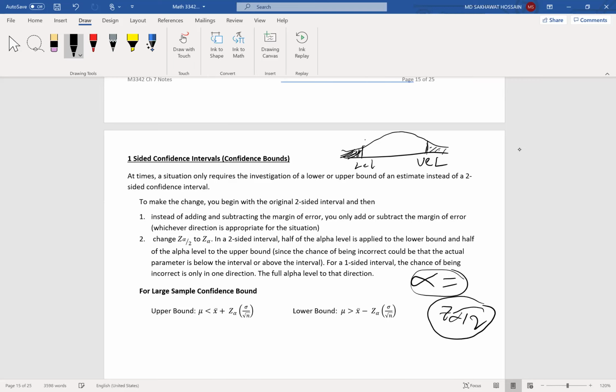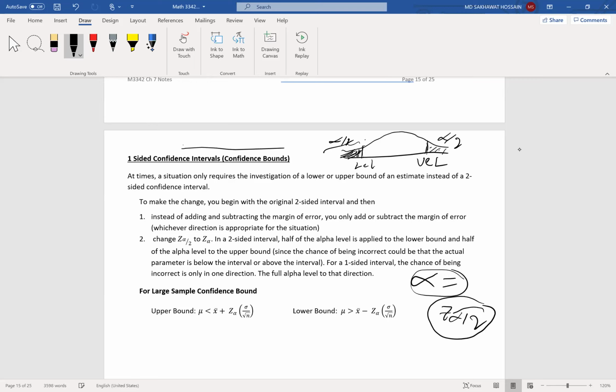This confidence interval doesn't cover the whole area of the distribution, so we have some area outside the confidence level. We consider 50% on the left and 50% on the right, so that's why we divide alpha. This area is alpha over 2 and this area is alpha over 2.